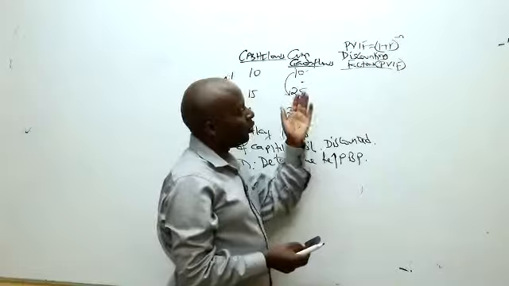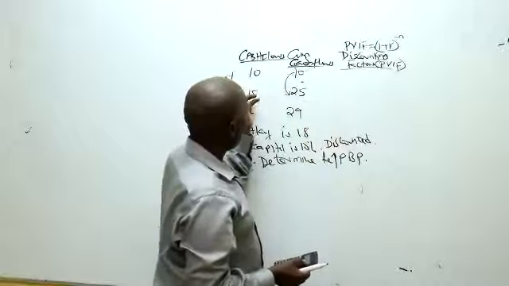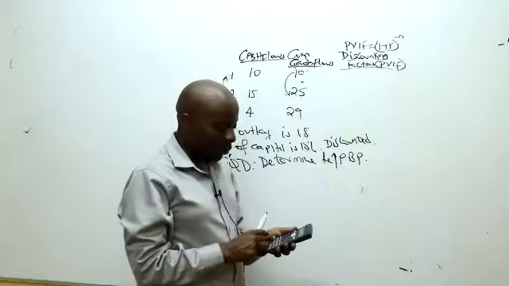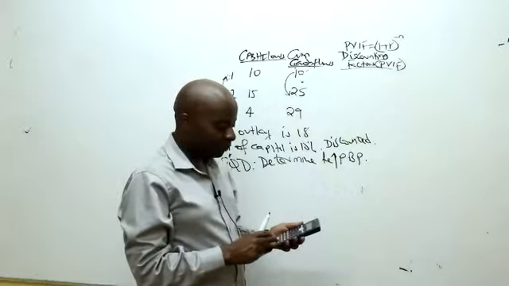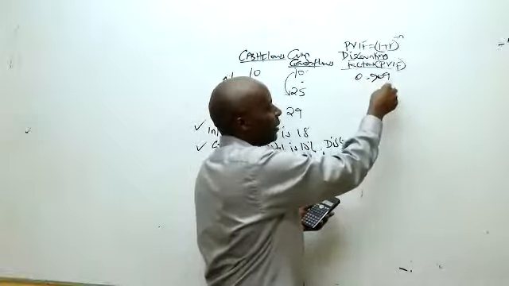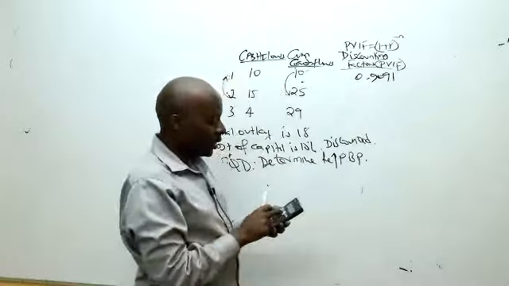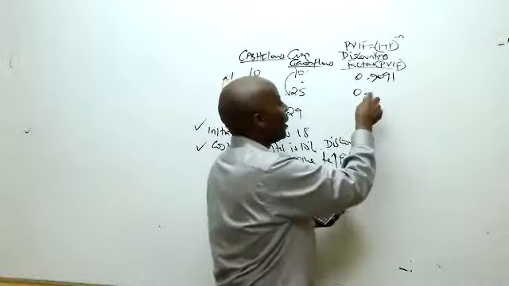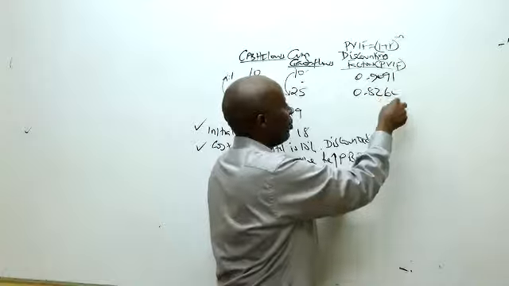So then this will be 1.1 raised to, the first period here is 1. So we have there 1.1 raised to -1, which will give us what figure, somebody here? 0.9091. The same raised to -2, which will give me 0.8264.